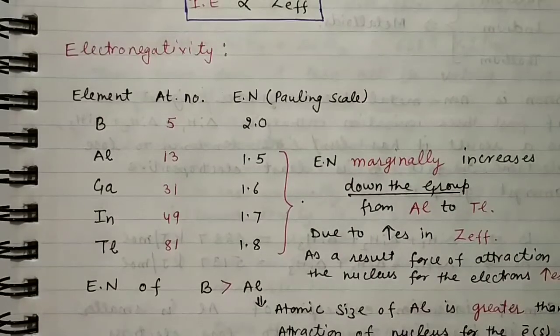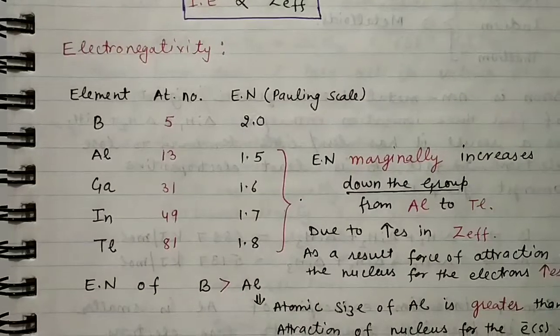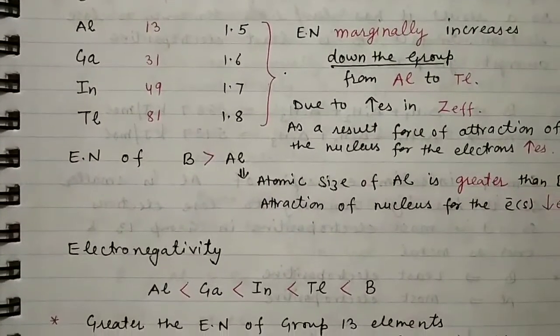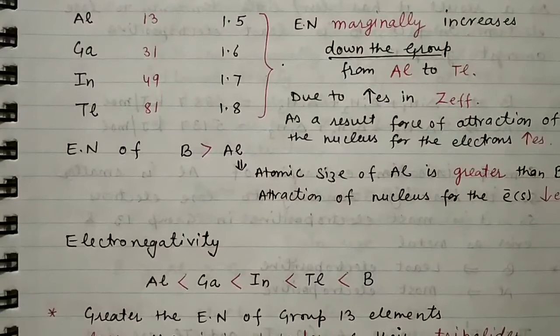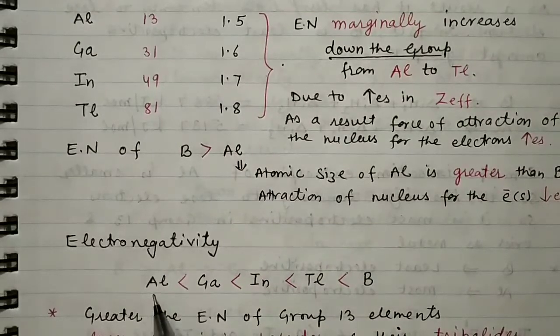That's why you will see that the value of electronegativity will increase as we move, but the increase is not very much significant. So the electronegativity order for group 13 is boron will have the highest value of electronegativity, and thereafter thallium, then indium, gallium and aluminium will have the least value of electronegativity.